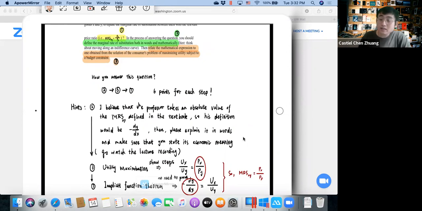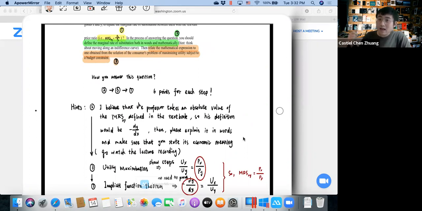According to the implicit function theorem, when you calculate the slope of the indifference curve, dy over dx, for an indifference curve, it's actually fixing the utility function to a certain value. It's u of x and y equals a constant.